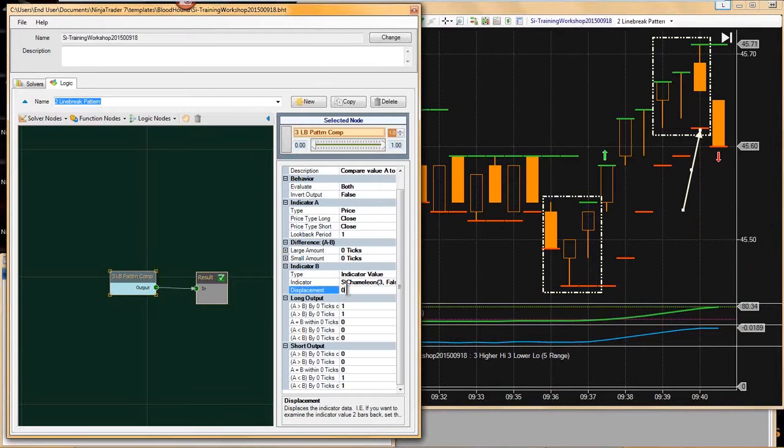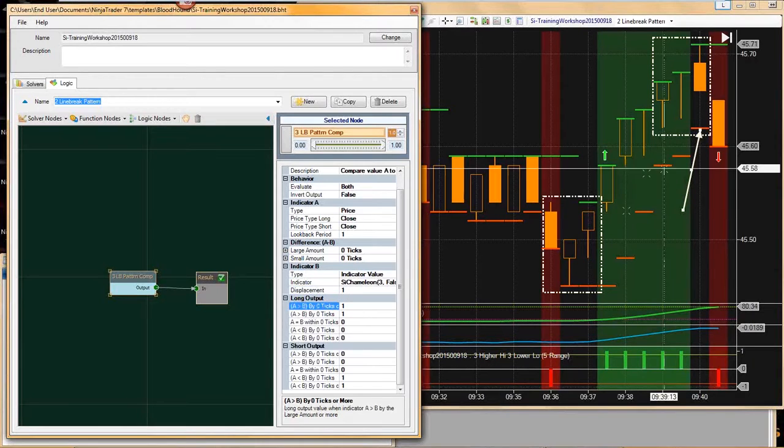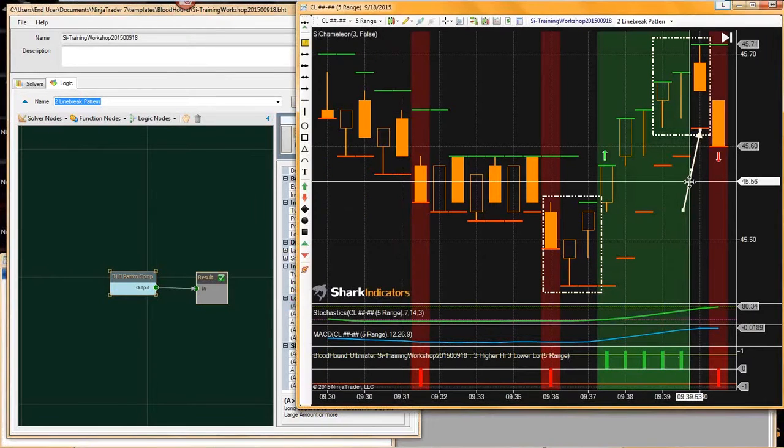So in indicator B for chameleon, we need to set our displacement to 1. That means we're looking at chameleon one bar back. And there we go.